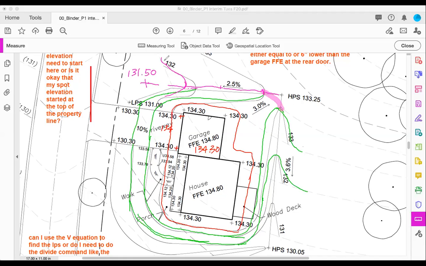Okay, so we just had 132. Your 131, no, definitely would need to connect on your driveway here. Again, 10 foot away. So your 131 would again go.